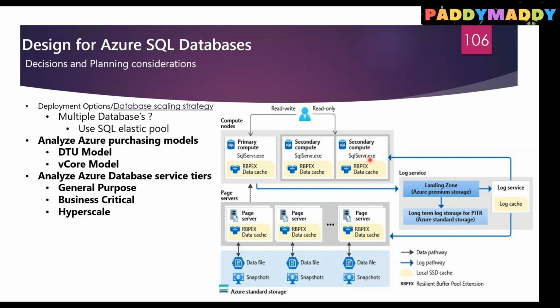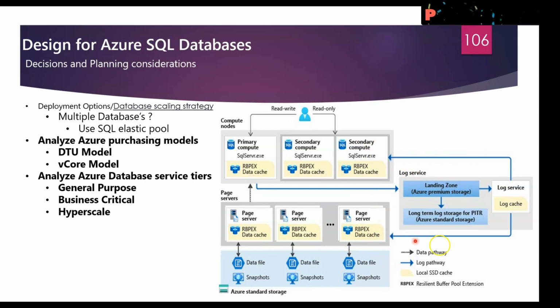So any changes are getting replicated here, all of them in sync, so that they can update their caches as well for the relevant page servers, so that the data can be updated there. So in this way, all the data changes from a primary compute replica are propagated through the log service. Basically, it all depends on the log service to reach all the secondary compute replicas and page servers.